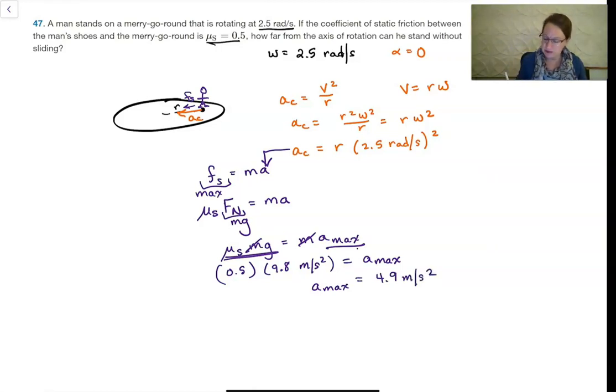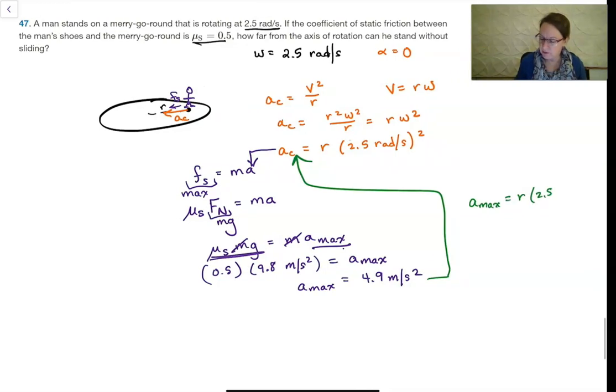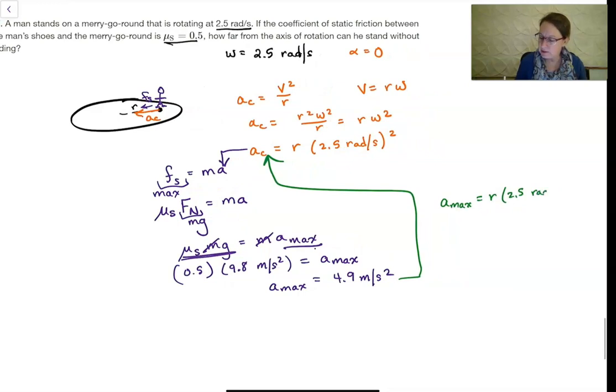And then we just substitute that right up here. And so we have A max is equal to R times 2.5 radians per second squared. Now we put in our 4.9 meters per second squared. Again, radians dropping out as we need it to, and we get a radius of 0.78 meters.